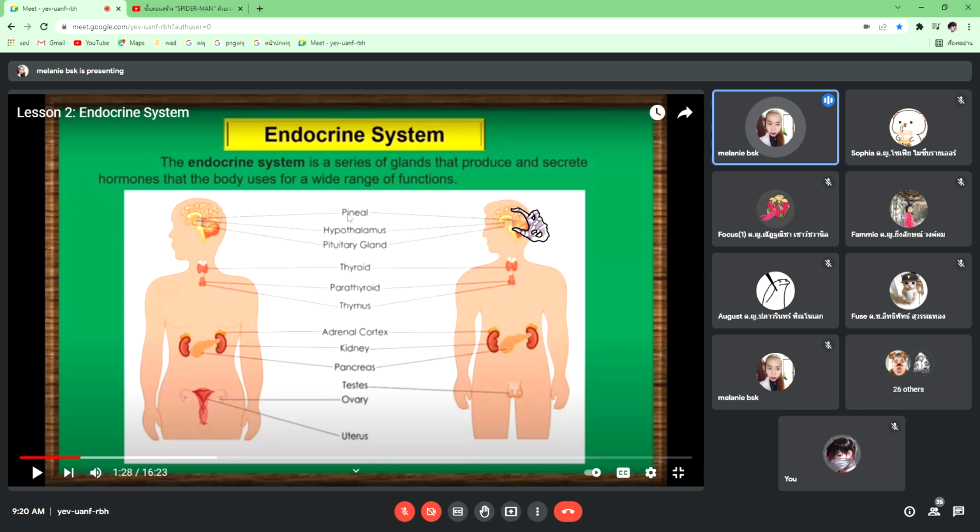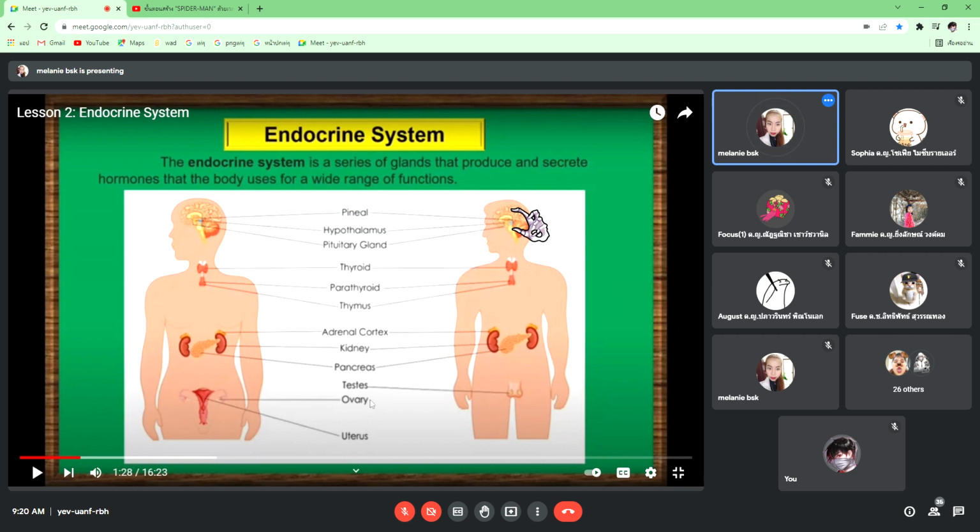So we have the pineal, the hypothalamus, the pituitary gland, the thyroid, the parathyroid, the thymus. Okay, we are not yet in the half of it. This one is a little bit long topic. So we have the adrenal cortex, the kidney, the pancreas, for the boys, and then for the girls, the uterus.